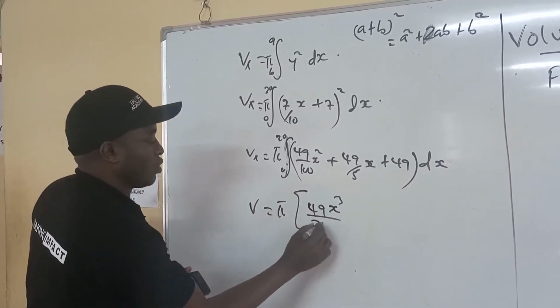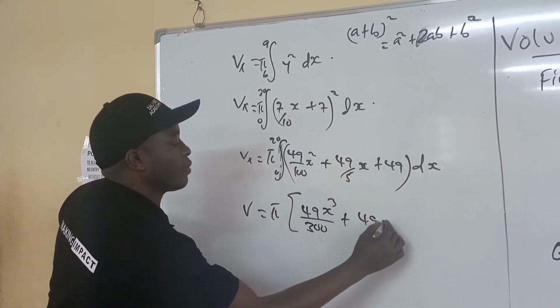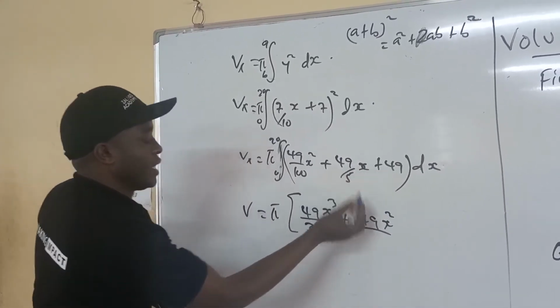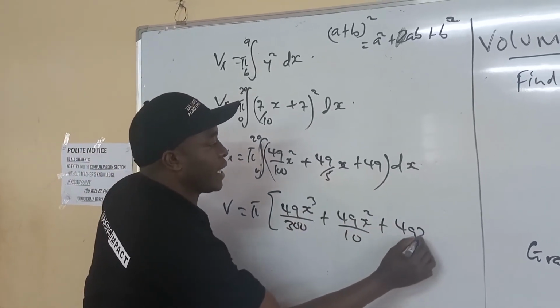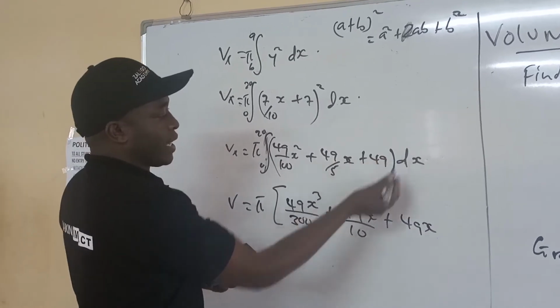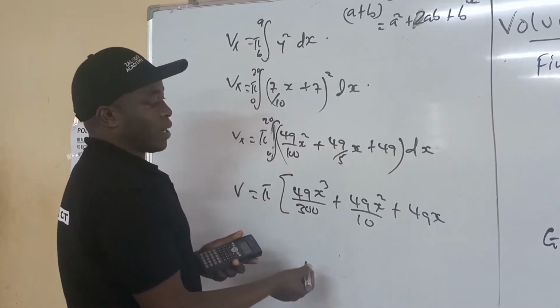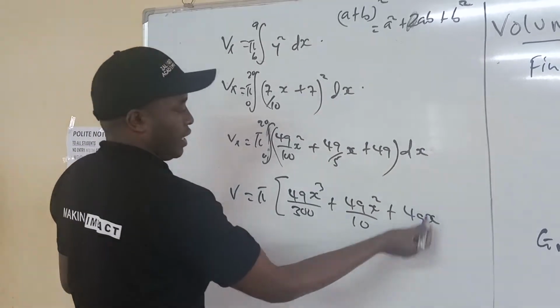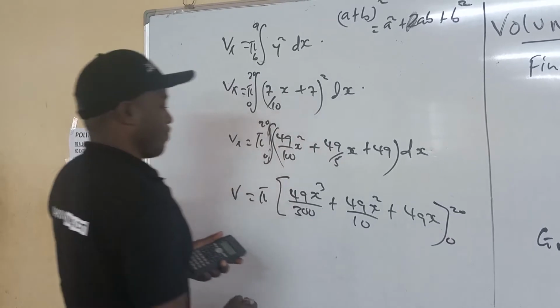So 3 times 100 gives you 300, then plus 49, the new power becomes x squared all over 2 times 5, which gives you 10, then plus 49x, because x had a power of 0, and therefore you add 1, it becomes x power 1, which is x, and that is why we have it here. Then from 20 to 0.